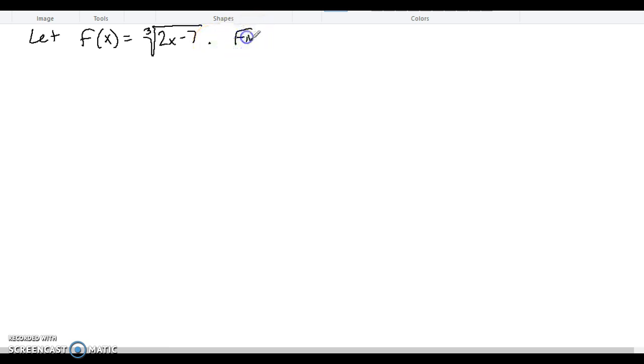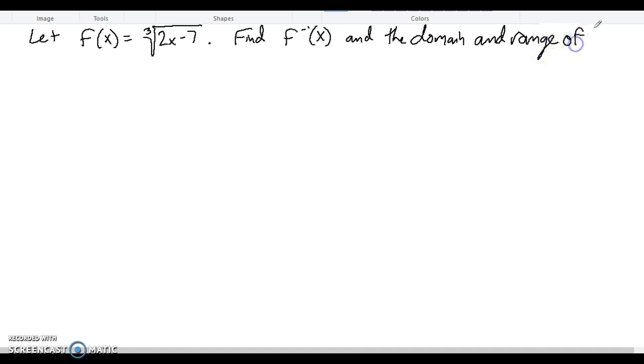I want to find f inverse of x and the domain and range of both functions.